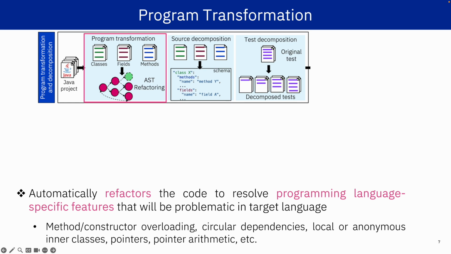In this component, specifically the transformation one, it refactors source language specific features like method and constructor overloading and circular dependencies into more universal representations so that they can be easily translated to target languages. For example, method overloading is a feature in Java, but in Python it's not straightforward to implement that.